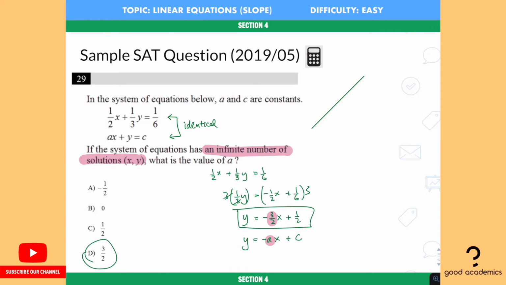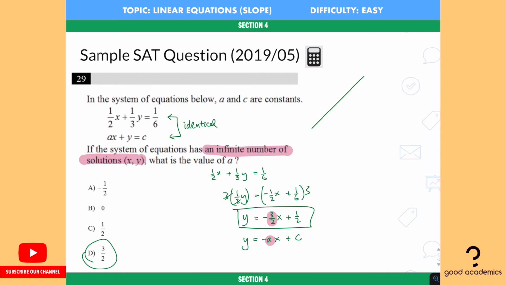That's what the SAT is trying to see: if you know what parallel lines are and how to match up the variables so that you pick the correct answer. It's not really that difficult. I would say it's leaning toward the easy side.